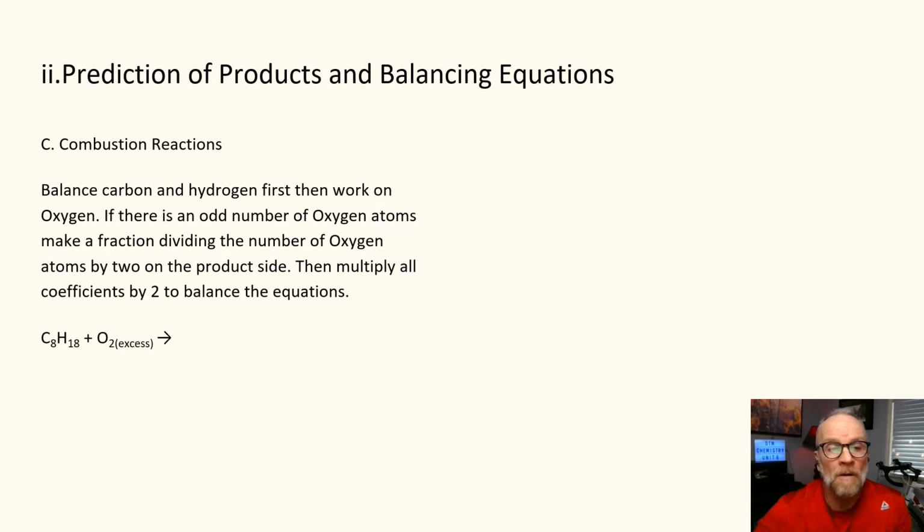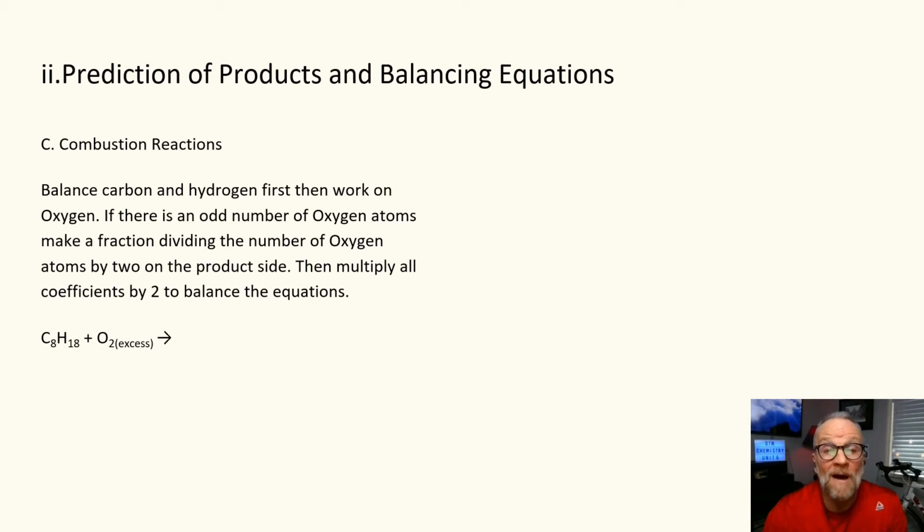So let's start with C8H18 plus O2. So if we have excess oxygen, the products will always be carbon dioxide and water. And in these types of reactions, you don't need to put charges above the symbols and crisscross them. You just kind of have to have the products memorized.